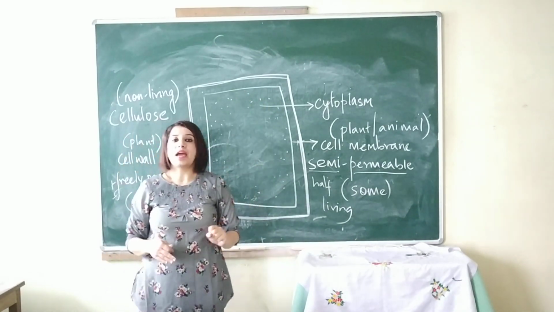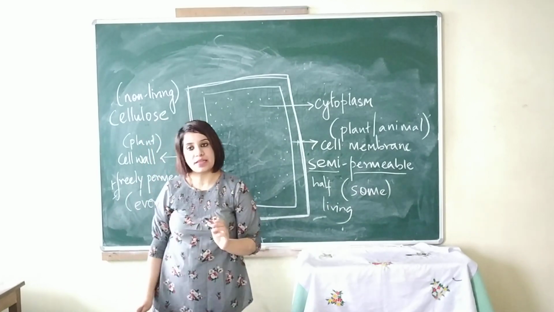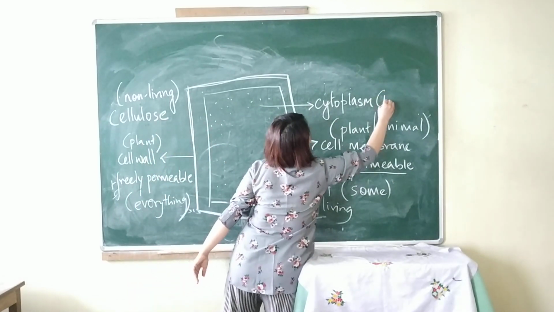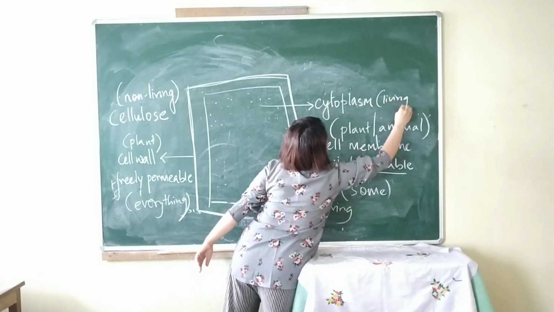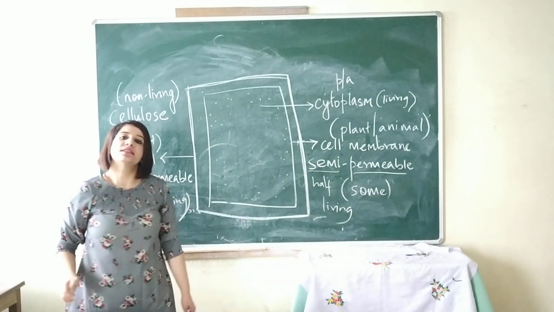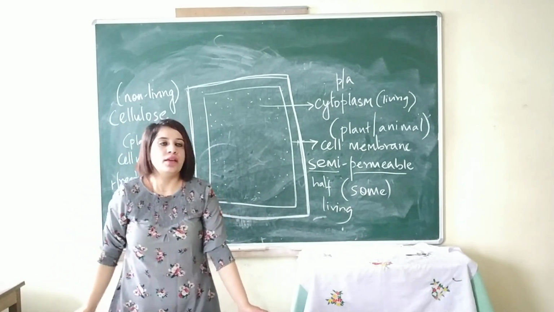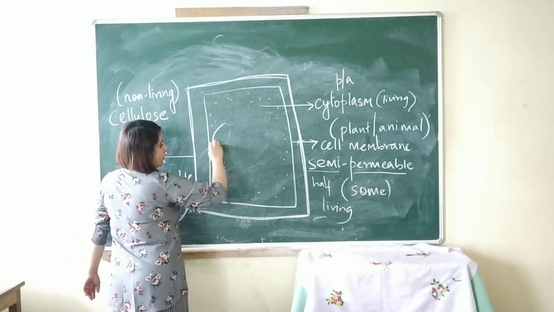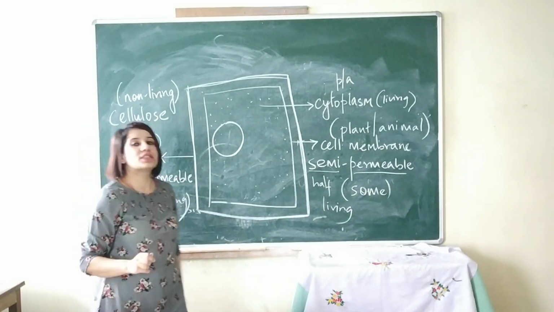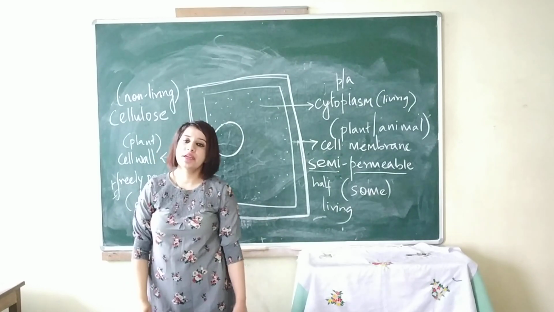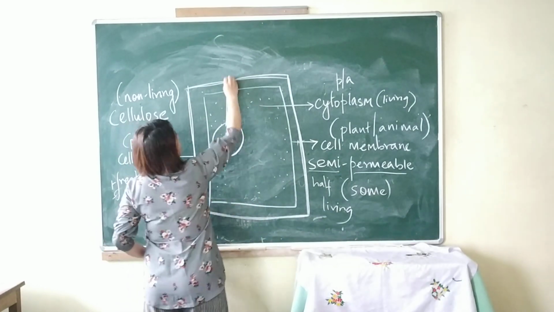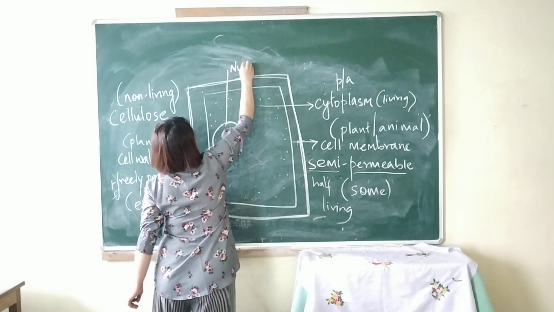All the chemical reactions occur in the cytoplasm, and this is also living. And you find the cytoplasm both in the plant and animal cell. Now, more or less at the center of the cytoplasm, you find the most important structure, that is the nucleus.